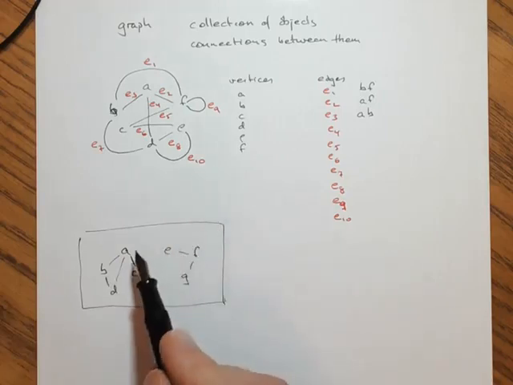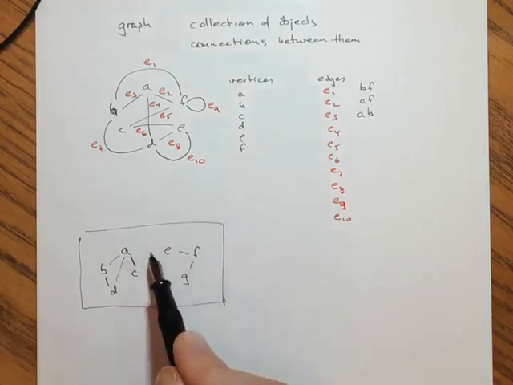And the idea is that if you start at A, there's no way of getting over to E.